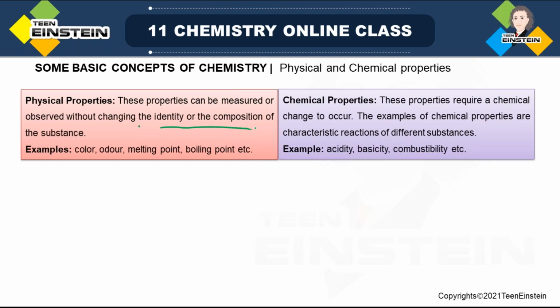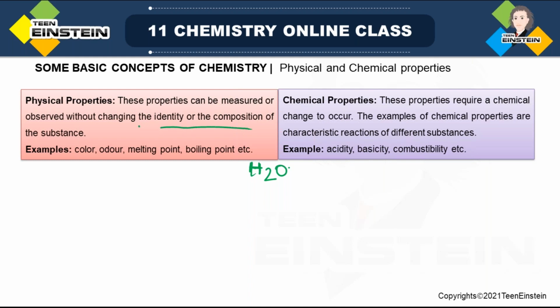But once it reaches 0 or lower than that, it is converted to solid. But that doesn't change the chemical composition of liquid water. The chemical composition is H2O. So that formula is still present, whether you take it as solid form or vapor form.